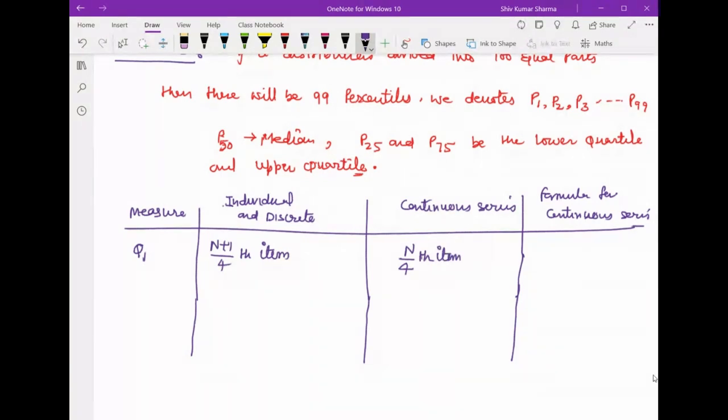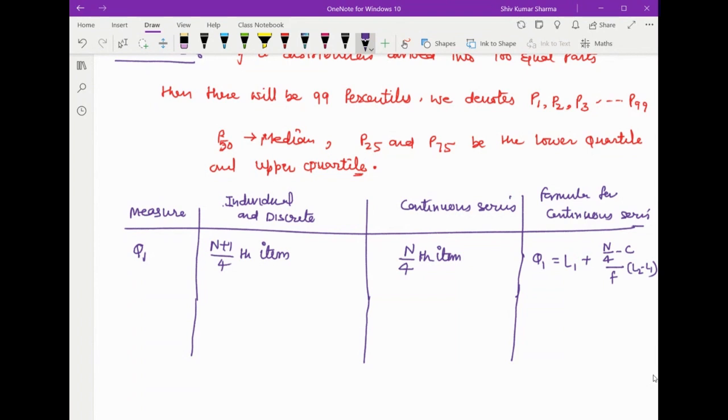The formula for quartile 1 for a continuous series is L1 plus (n by 4 minus c) over f into (L2 minus L1).